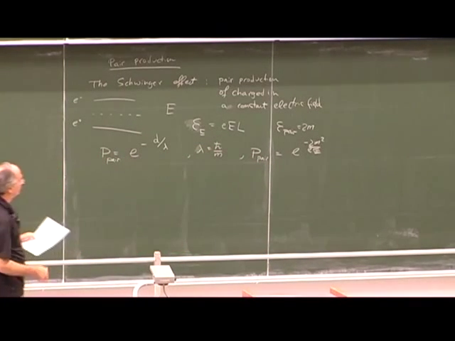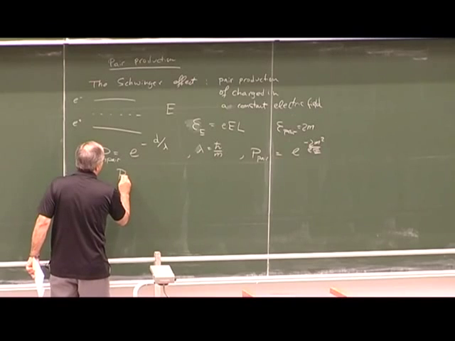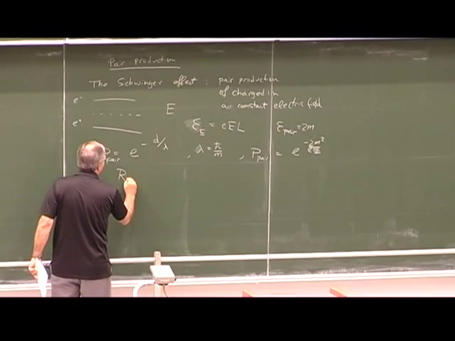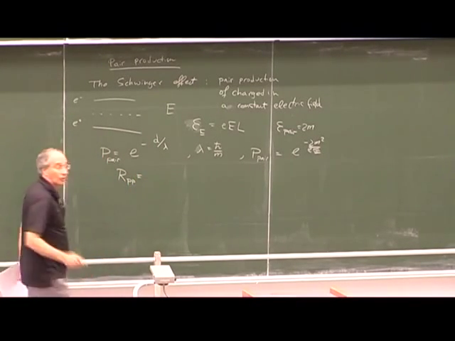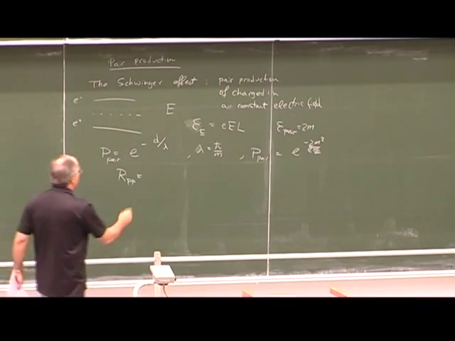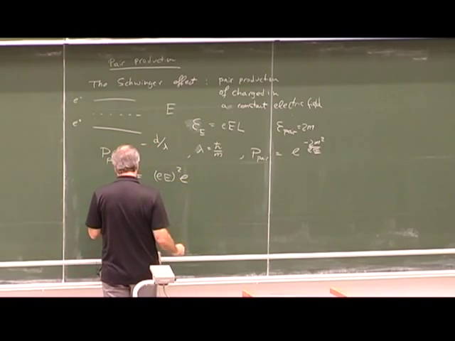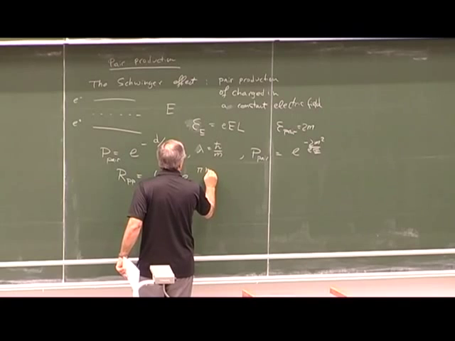I just substitute. And in fact, Schwinger calculated more precisely the rate, the probability per unit time, per unit volume for pair production, and he found that it is E squared e to the minus pi m squared divided by E.